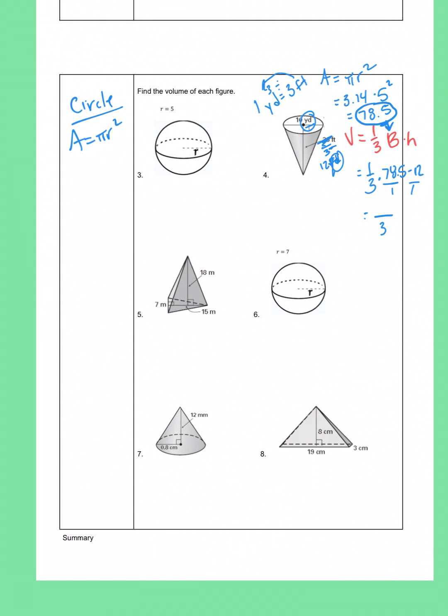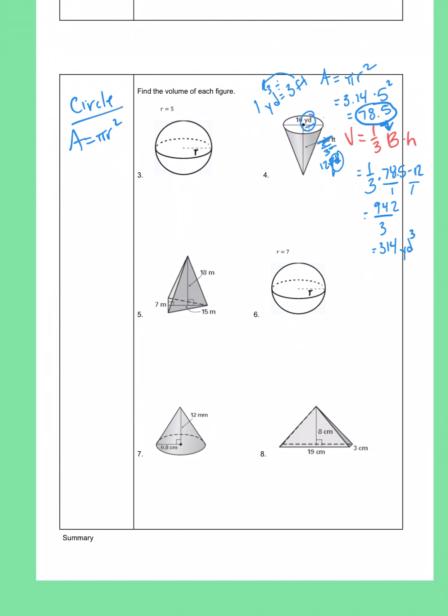Across the top, we do 1 times 78.5 times 12. That is going to be 942. And then we divide 942 by 3, because that's what that fraction bar means. We get 314. And this was all in yards, and volume is to the 3rd power, cubed. So 314 yards cubed.